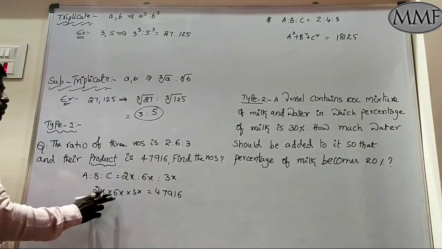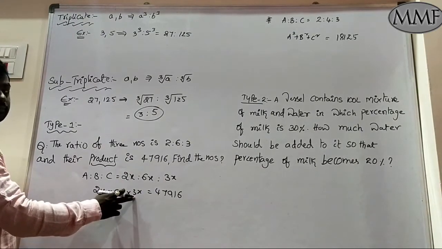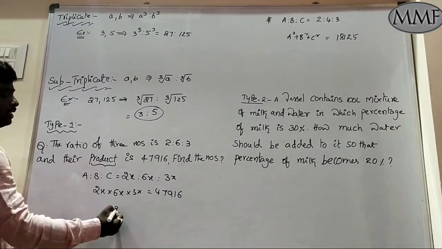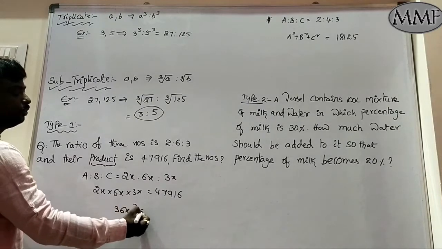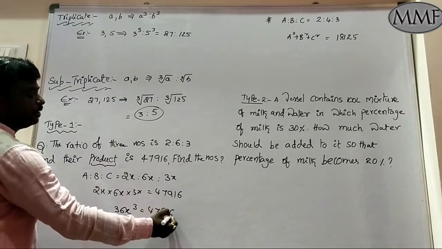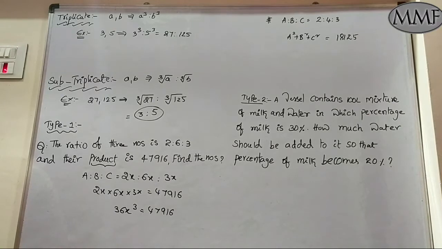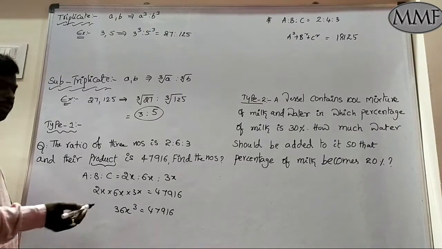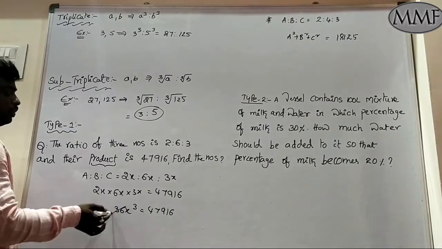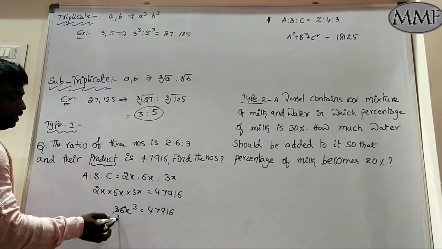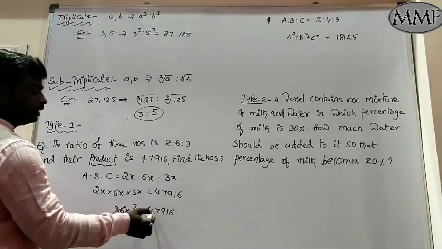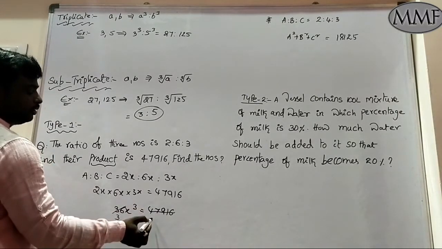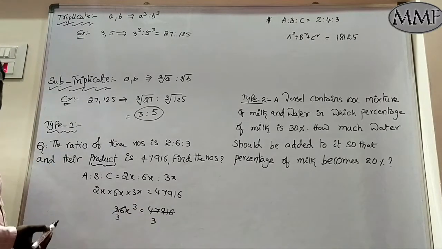Clear? 6 into 2, 12. 12 threes are 36x cube is equal to 479116. Then which table you want? Just go by that table. But I will go with the 9 table, or you can go by the 12 table also. 12 ones, 12 threes, 36.